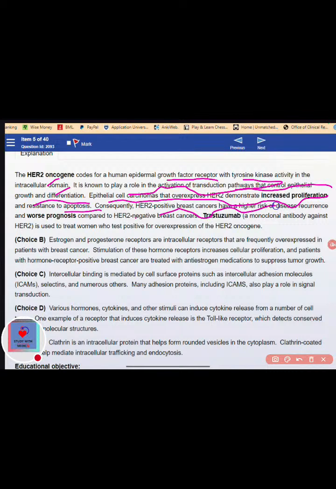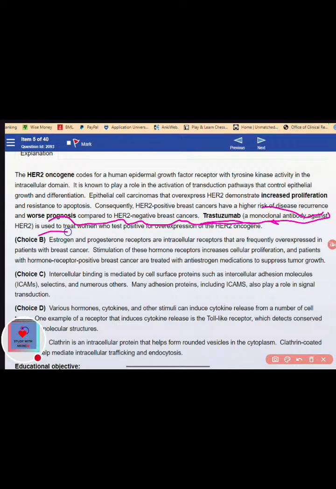HER2-positive breast cancers have a high risk of disease recurrence and worse prognosis compared to HER2-negative breast cancers. Trastuzumab, a monoclonal antibody against HER2, is used to treat women who test positive for overexpression, because here the prognosis is worse.